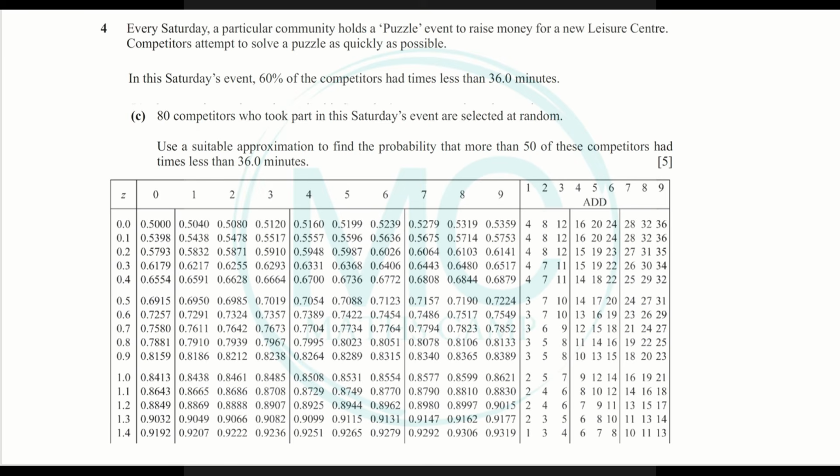With this, we can now find the probability. Take our table. We have 0,5, so start here. Column 7, this becomes 0,7157. I'm going to write this over here. 0,7157. But Z is 0,571.